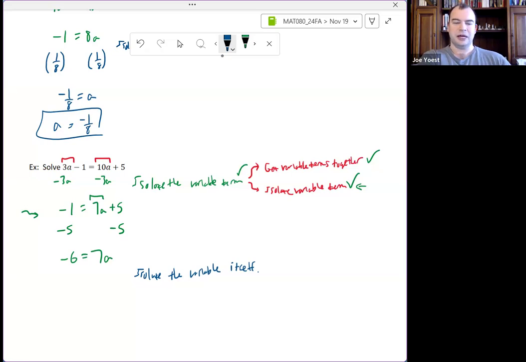The 7 is multiplied onto the a, so I will multiply by the multiplicative inverse, 1/7, and I'll do that on both sides. 7a times 1/7, that's 7 times 1/7 makes 1, and 1a just makes a. And on the left side, I have -6 times 1/7, or that's just -6/7.